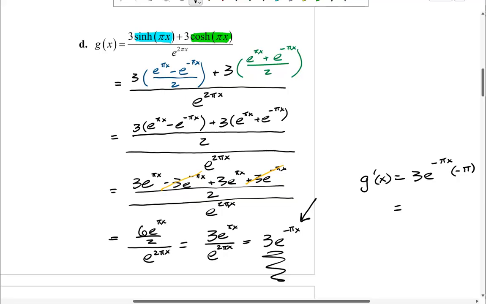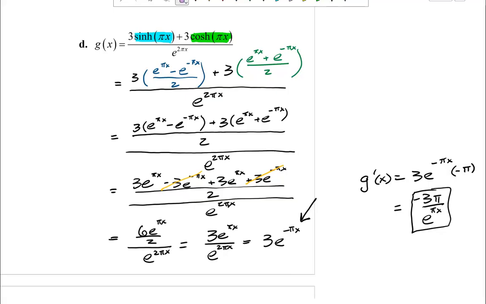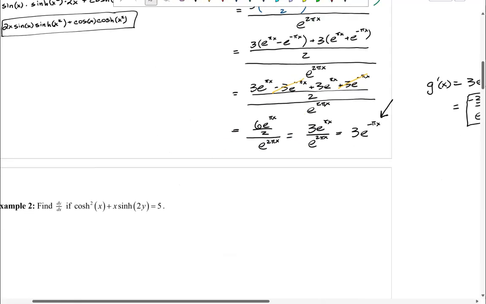Rewriting this so we don't have any negative exponents, we have negative 3 pi in the numerator and e to the positive pi x in the denominator. So in some cases, it's easier to rewrite our hyperbolic functions in terms of their original definitions, and then simplify the function before taking a derivative.